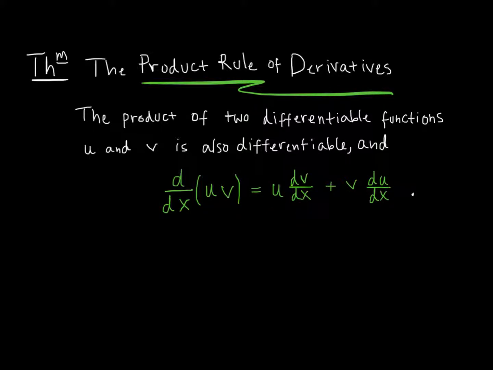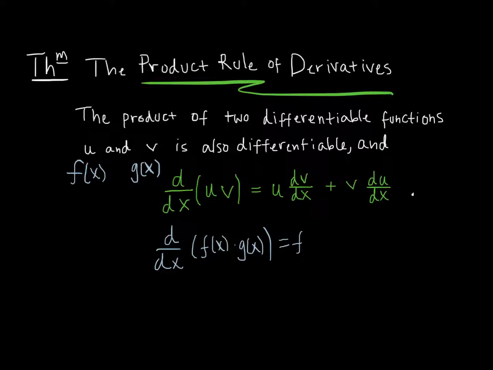Another way of writing this is if you had two differentiable functions, let's call them f of x and g of x, then if you were taking the derivative with respect to x of f of x times g of x, then you're going to take f of x times g prime of x plus g of x times f prime of x.